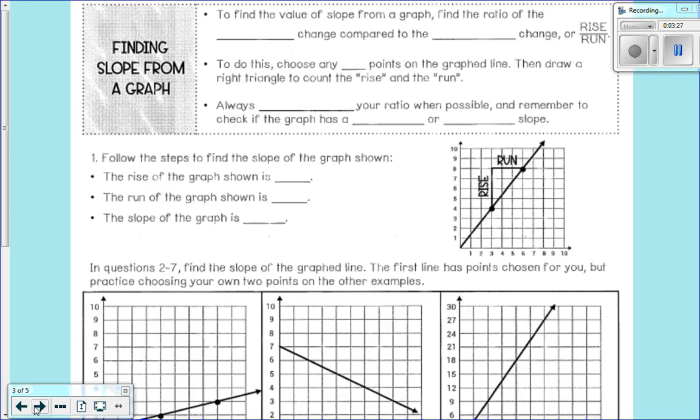All right, finding slope from a graph. Find the value of slope from a graph. Find the ratio of the vertical change, and that vertical change, remember that's up and down, that is your Y. So that is your change in Y. Triangle means change. Compared to the horizontal change, and horizontal, right?